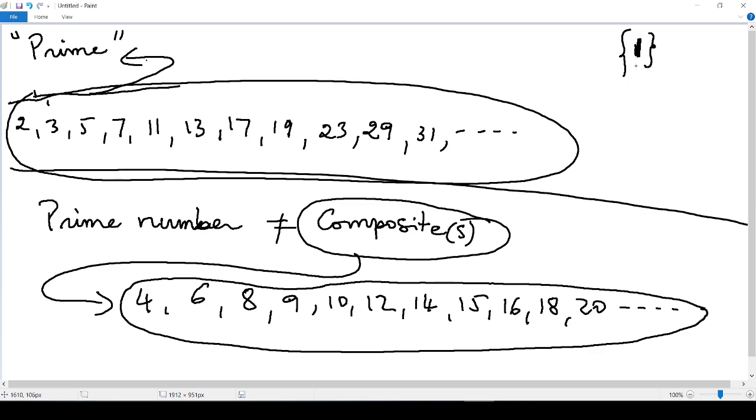So 1 is not part of prime numbers, and 1 is not part of composite numbers. 1 is special and is by itself. So let's close this parenthesis and go back to prime factorizations.